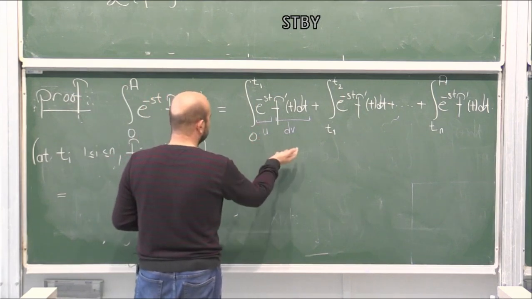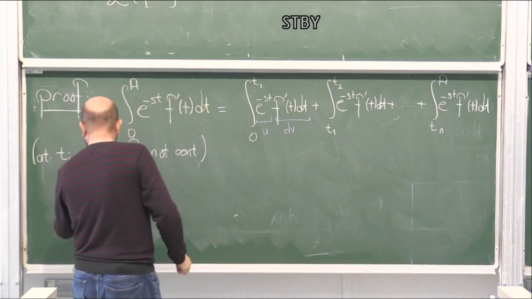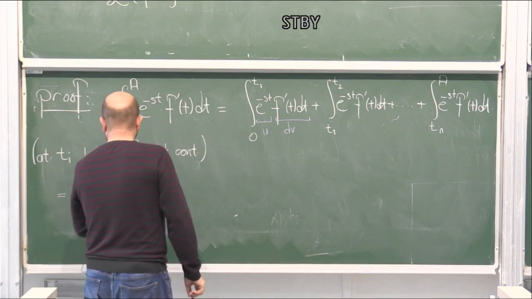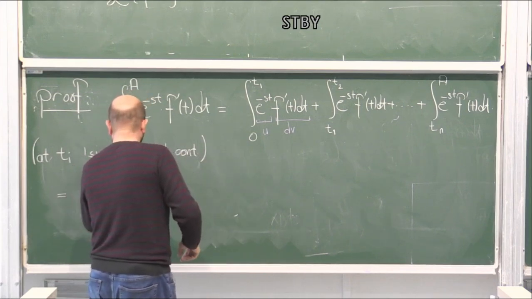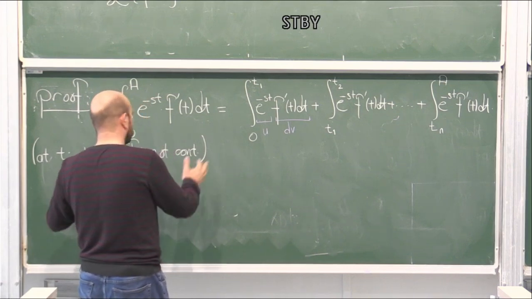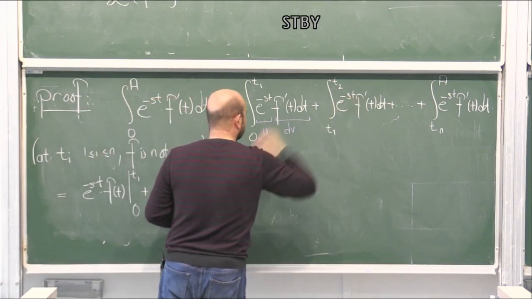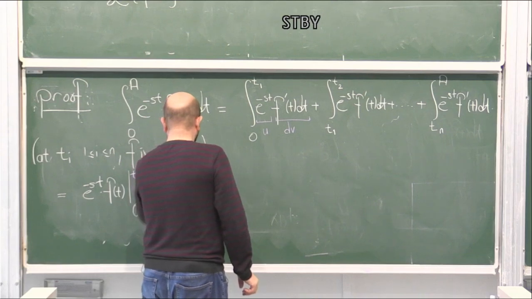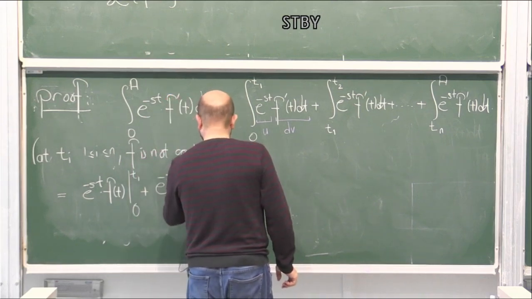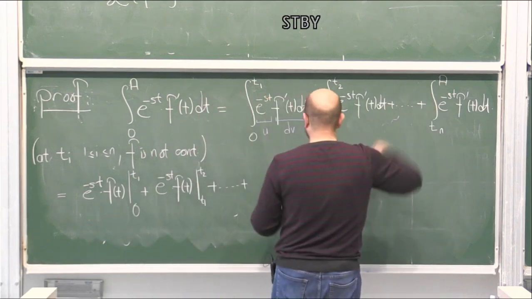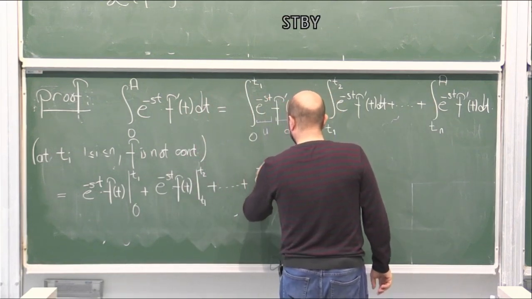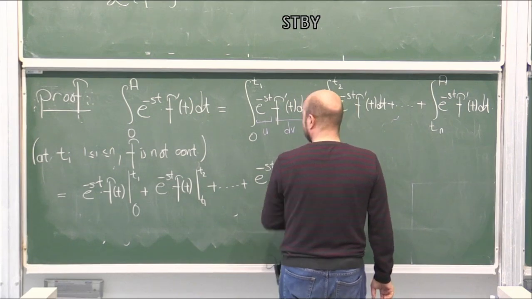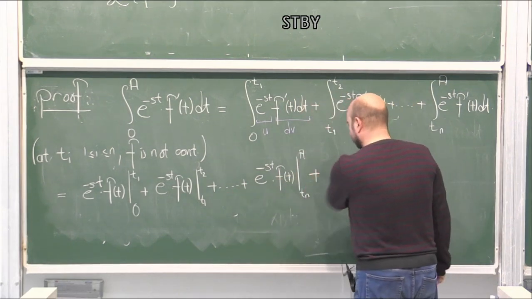We will have u times v, where u is e to the minus st and v is f of t, from 0 to t1, plus, grouping all of them, e to the minus st f of t from t1 to t2, and finally e to the minus st f of t from tn to a. This is the first portion.